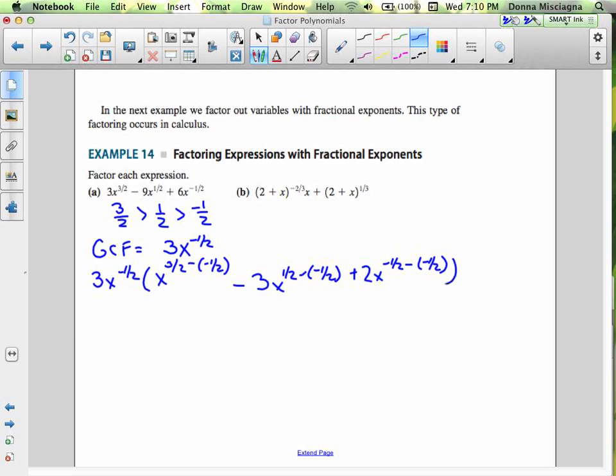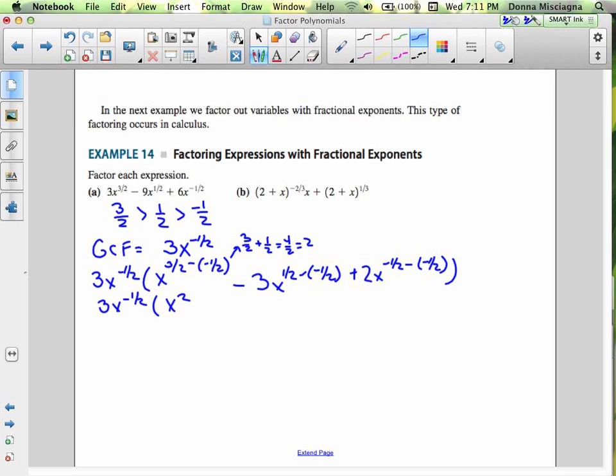Now we're just going to simplify. We have 3x to the negative 1 half times, so 3 halves minus a negative 1 half is the same as 3 halves plus 1 half. 3 halves plus 1 half is 4 halves, and that's just 2. So this is going to be x squared.